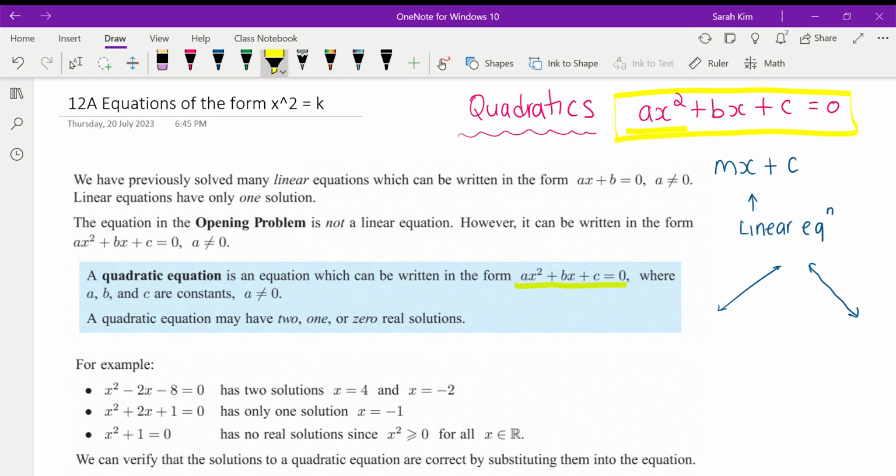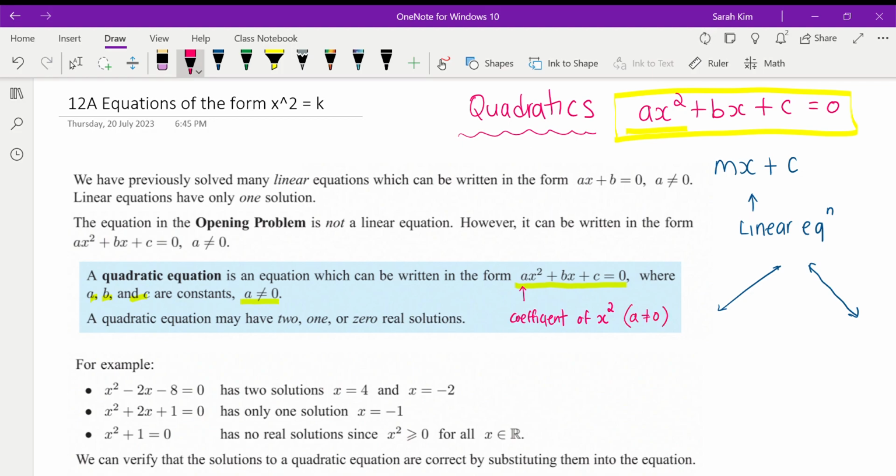Now, very importantly, a, b, c are just numbers. We can substitute any numbers. However, an important condition: a cannot be 0. This number, which is called the coefficient, the number in front of x squared, cannot be 0.